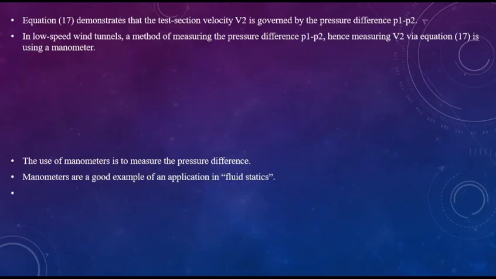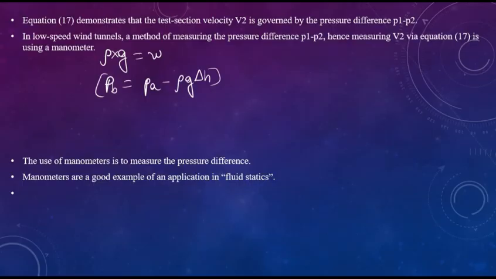Now there is one more term we have to consider, that is the product of rho and g, which is also the weight per unit volume of the manometer fluid. Let us denote this by W. We had one equation previously for the manometers.